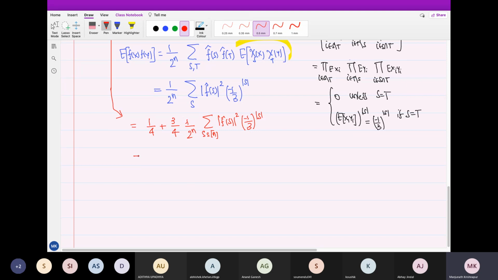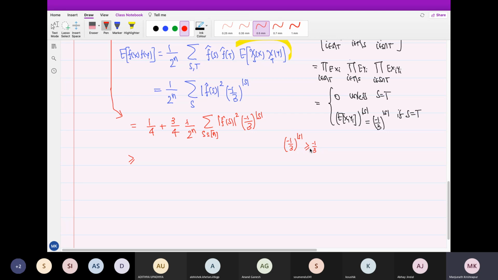So now we bring in an inequality. This is the only inequality step, and we'll see. So what we can say is, consider minus 1 by 3 to the power of cardinality S. What is the lowest number it can take? It is greater than or equal to minus 1/3.